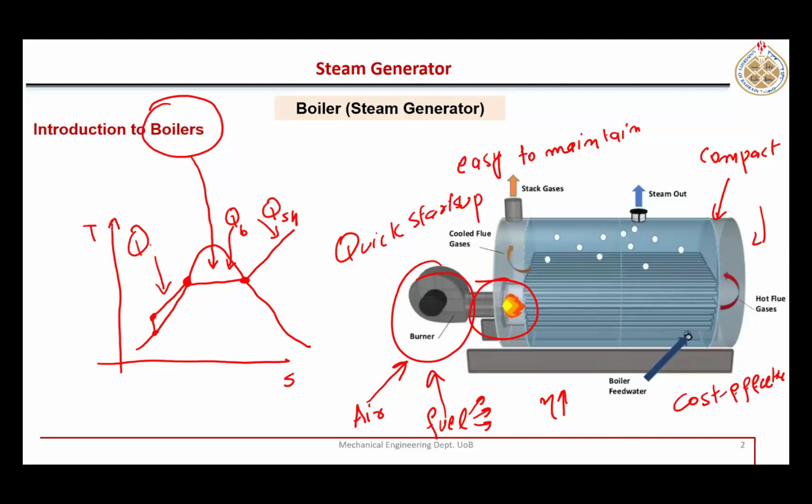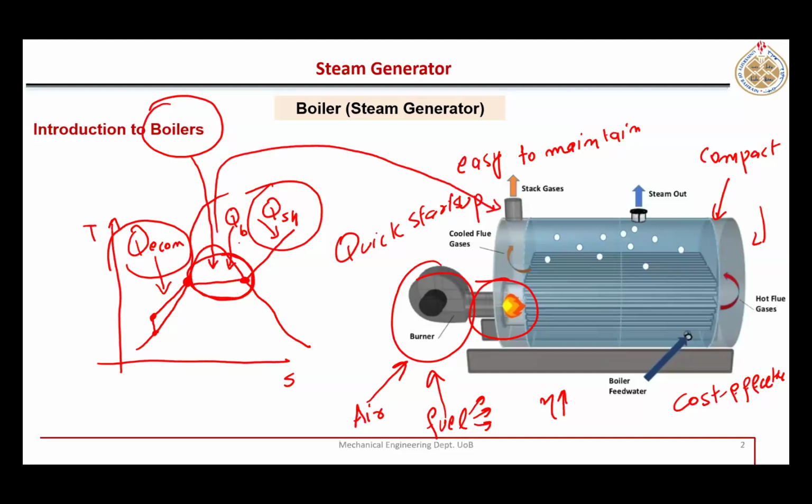Normally it is done in a component which is called economizer. So the boiler, strictly speaking, is this part only, the middle one. These two parts, economizer and superheaters, are actually separate components. So this portion which we see here in this figure is actually this middle part.